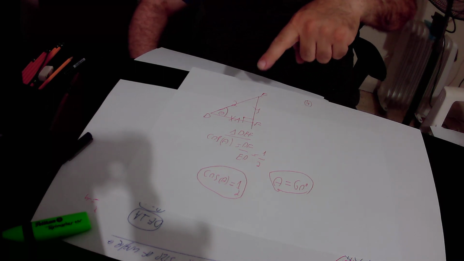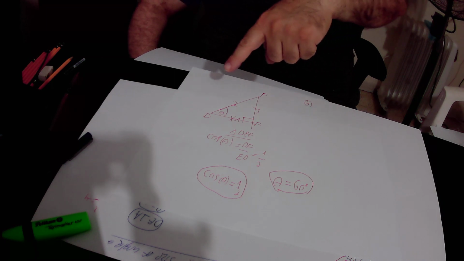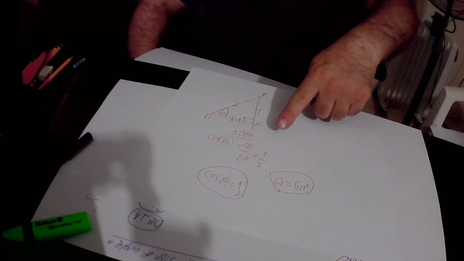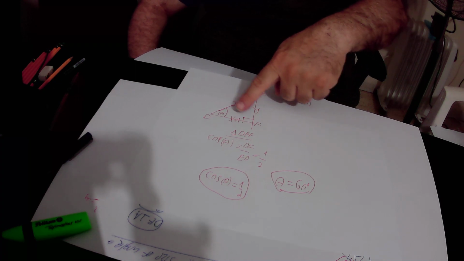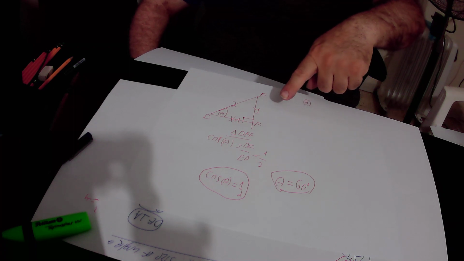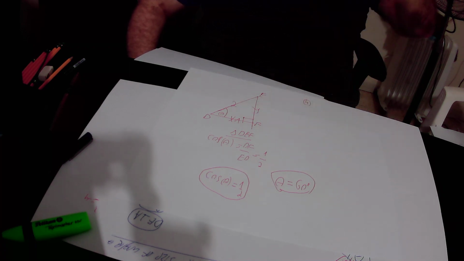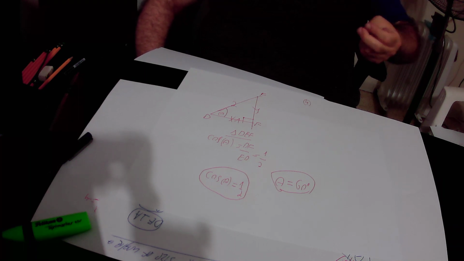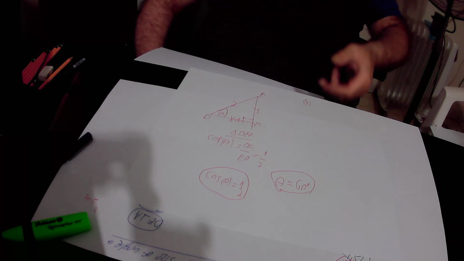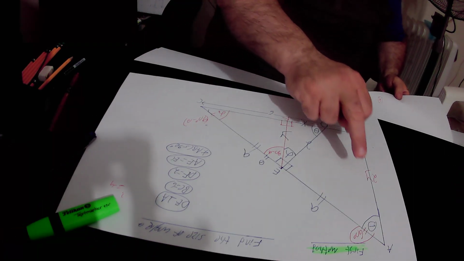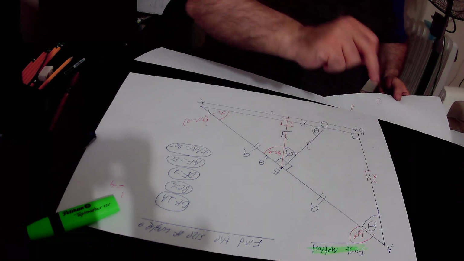So here cosine theta equals DF over DE. DF equals 1, it is x. DE equals 2. So in conclusion, we found out that cosine theta equals 1 over 2. And if cosine theta equals 1 over 2, it means that theta itself equals 60 degrees. So we found out the size of angle theta. The size of angle theta is equal to 60 degrees.